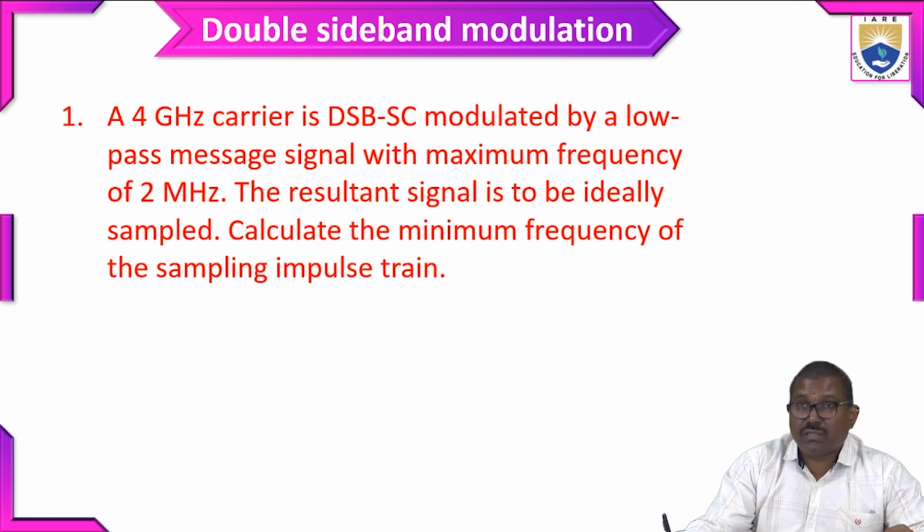Already you know what modulation is: one of the carrier characteristics is varied in accordance with the instantaneous value of the message signal. And here the message signal is low frequency, whereas the carrier is high frequency. Okay, so let us start the problem.